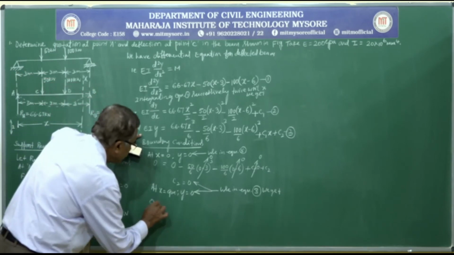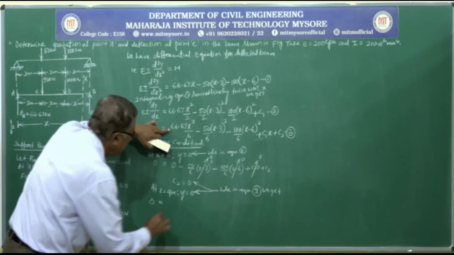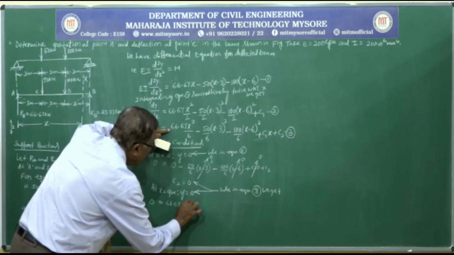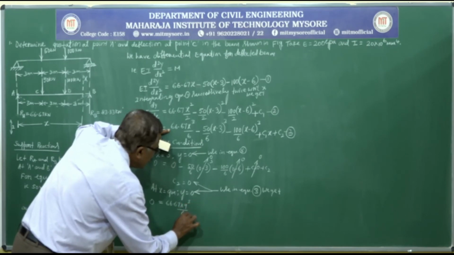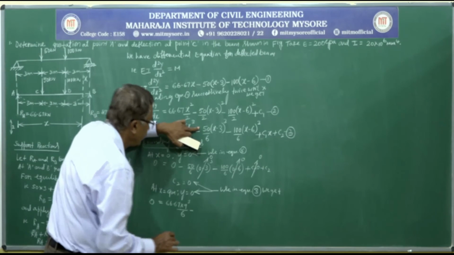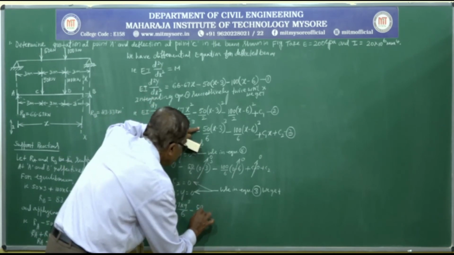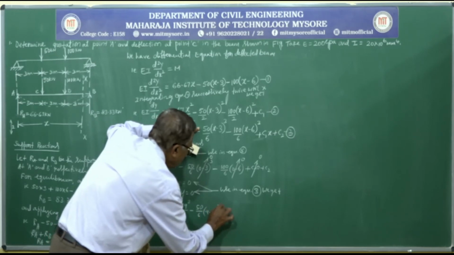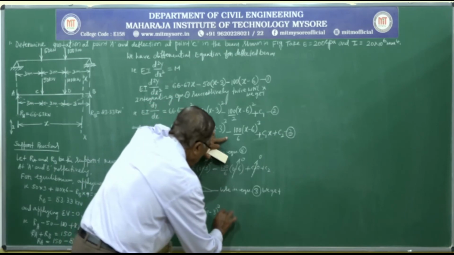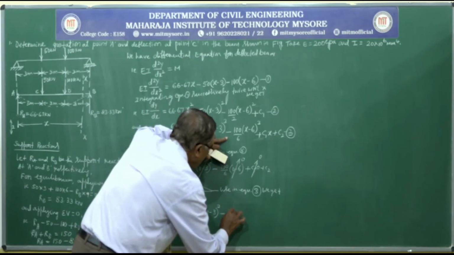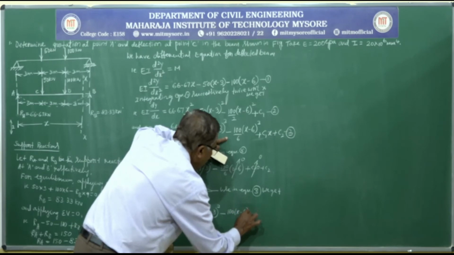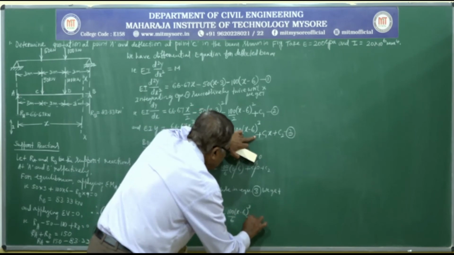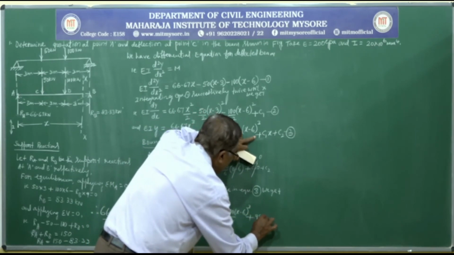Substitute the values here. Left hand side 0, x is equal to 9 meter, it is 66.67 into 9 cube by 6, minus 50 by 6 into (9 minus 3) whole cube, minus 100 by 6 into (9 minus 6) whole cube, plus 9 C1 plus 0.